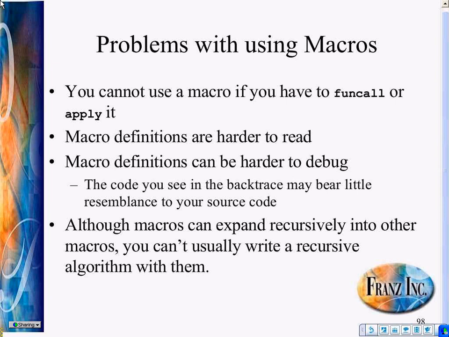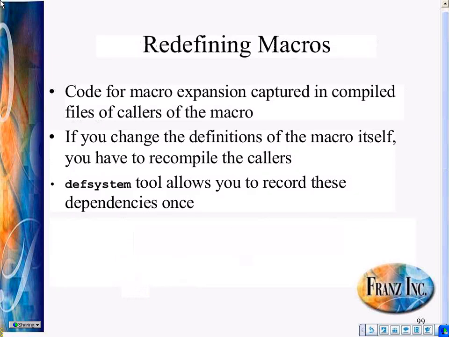So when you're looking at a backtrace produced by the debugger, you don't necessarily see anything that resembles what you thought you were calling. It is possible to have macros that expand recursively into other macros, but usually you can't do a recursive algorithm with a macro. And from my point of view, don't even try.